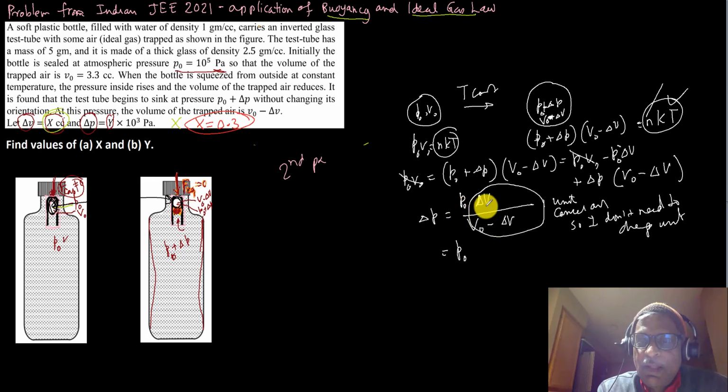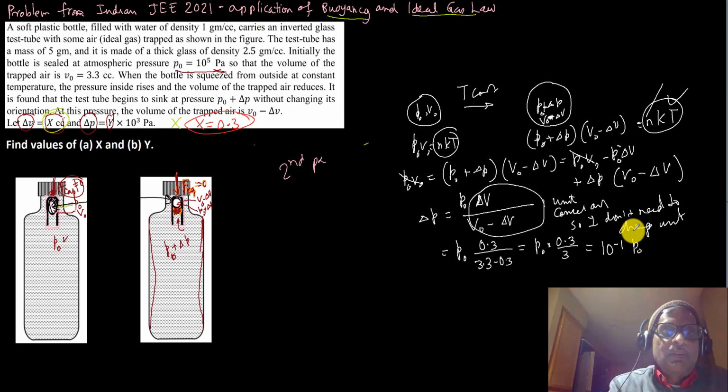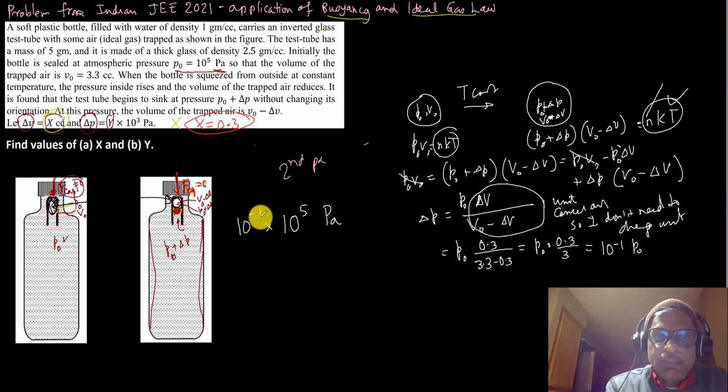So P0 times delta V, which is 0.3, over 3.3 minus 0.3, so P0 times 0.3 over 3, which is 10 to the power minus 1 times P0. P0 is 10 to the power 5 Pascal times 10 to the power minus 1. So that's 10 times 10 to the power 3 Pascal.